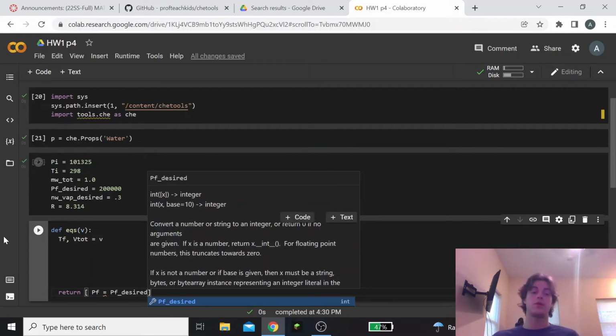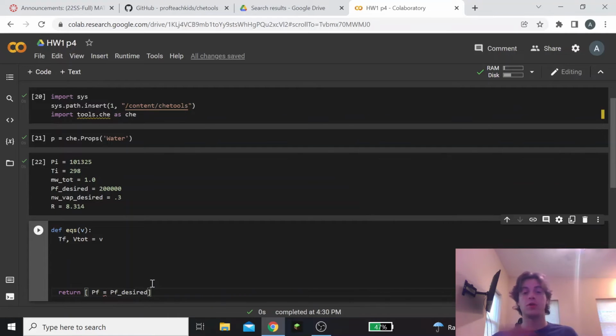We need to return an expression. So to do this, I'm just going to subtract our final pressure desired onto this other side and change this to a minus sign. So that way, when our final pressure equals our desired final pressure, this will equal 0.